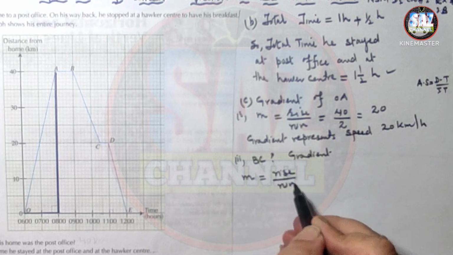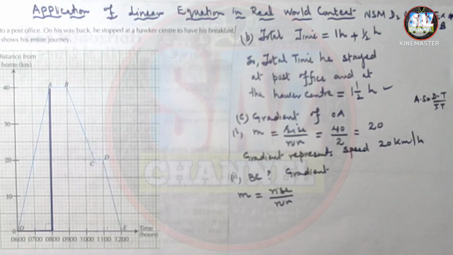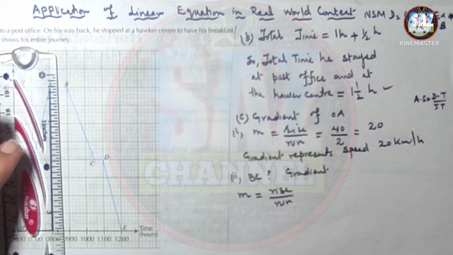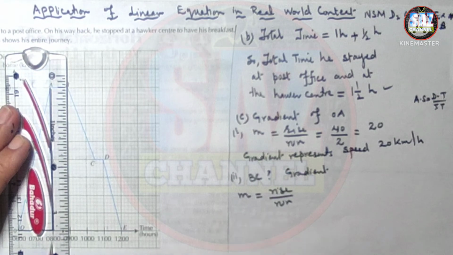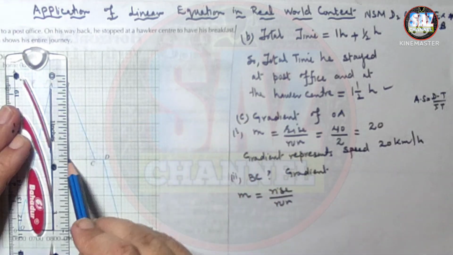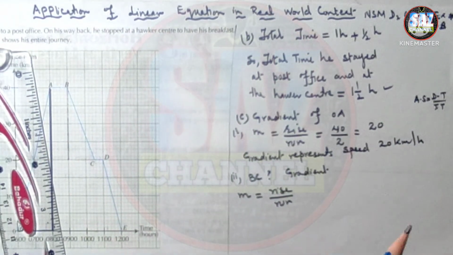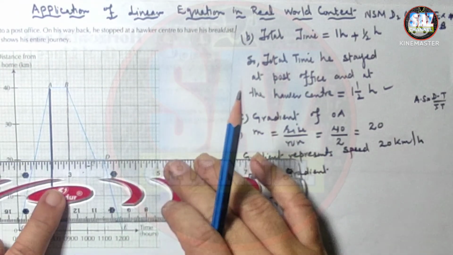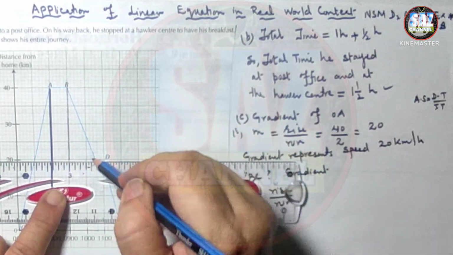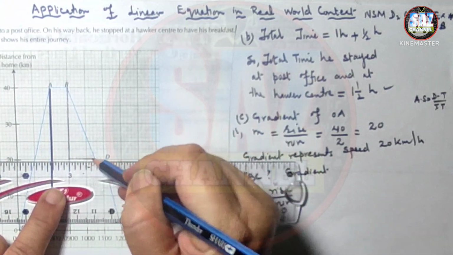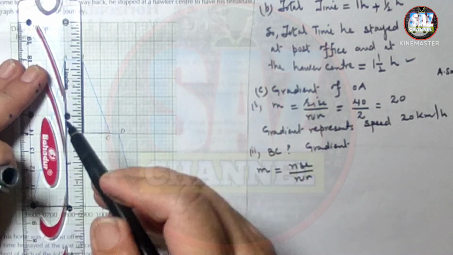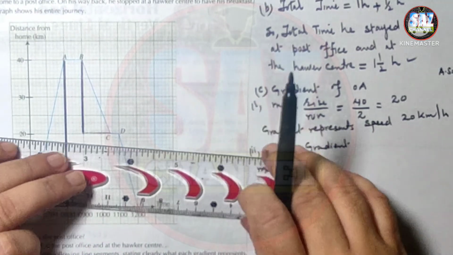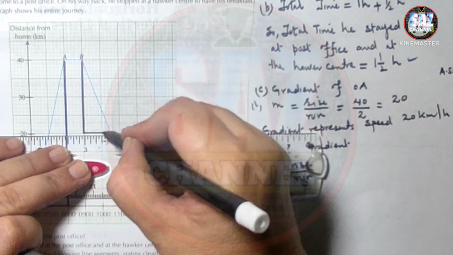For BC, again try to complete a right angle triangle from B to C, and I have to take the ratio of rise and run here. See carefully how many blocks are coming on the rise side and how many blocks on the run side.